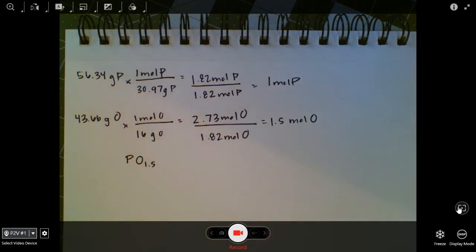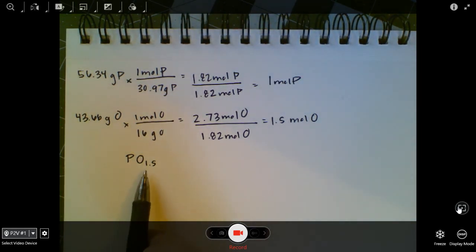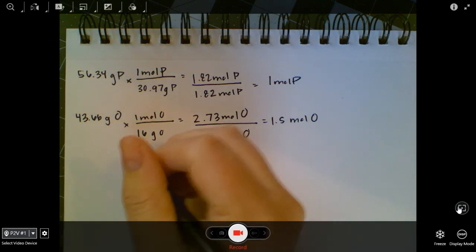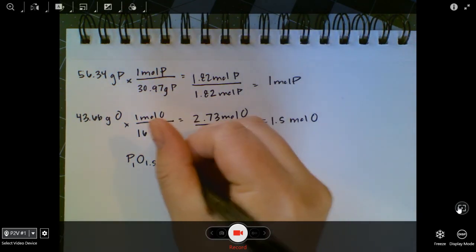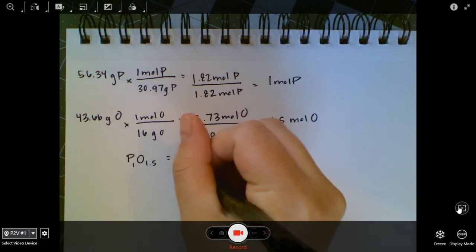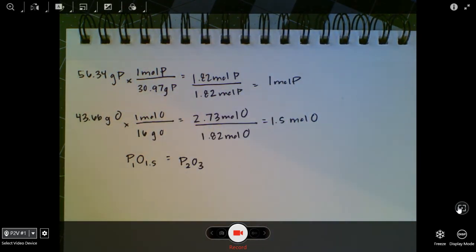However, you know that I cannot have a decimal in my subscript, so I am not going to round this up to 2. What I'm going to do is take each of my subscripts and multiply them by 2, and I'm going to get an empirical formula of P2O3. So that is my empirical formula for this compound, for the first part.